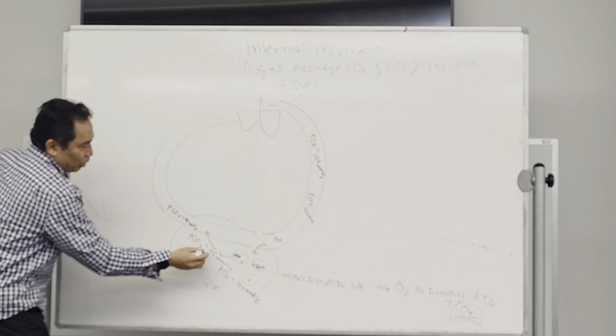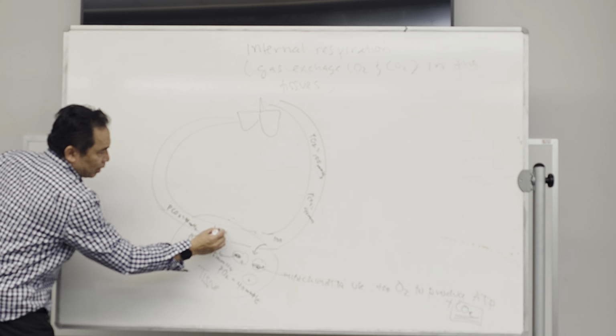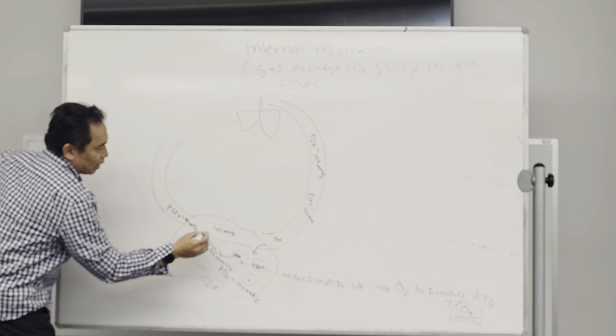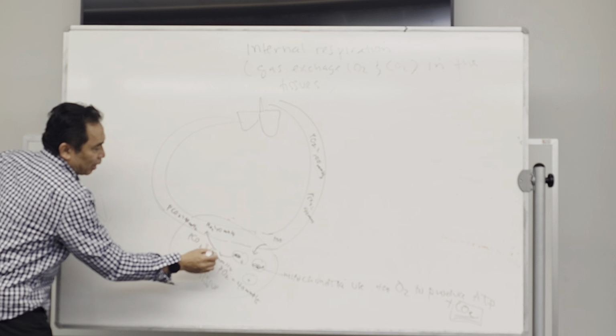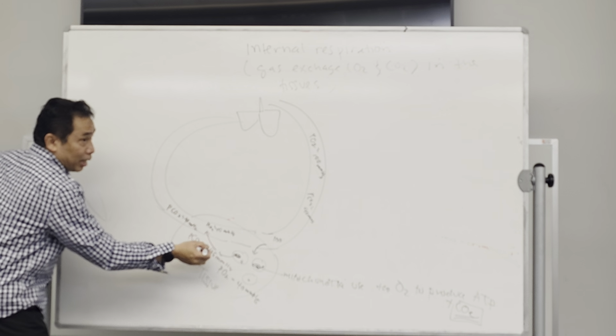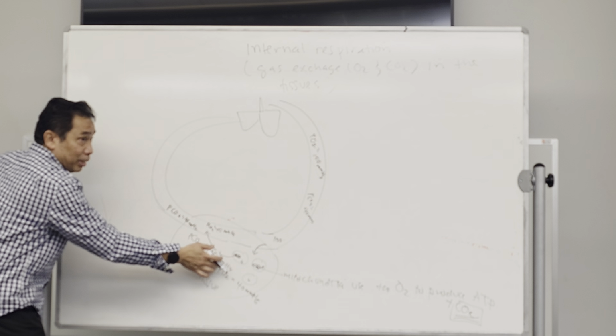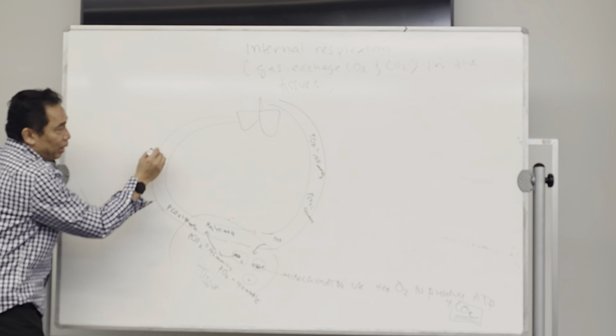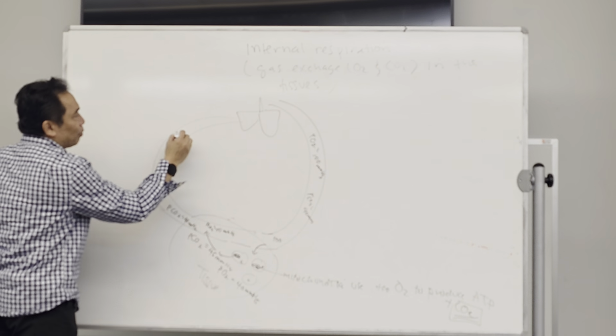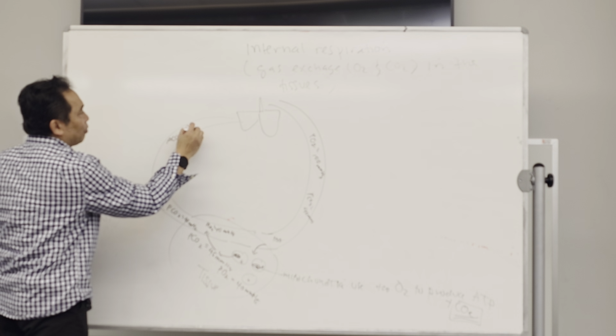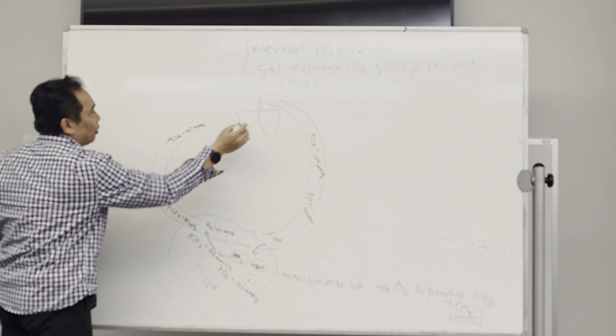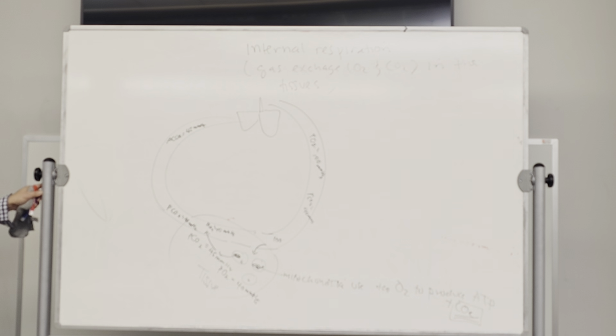So this is 40 PCO2, and when it has received extra carbon dioxide from the cellular respiration, then the PCO2 increases to 45. So when they reach the lungs, it's 45.